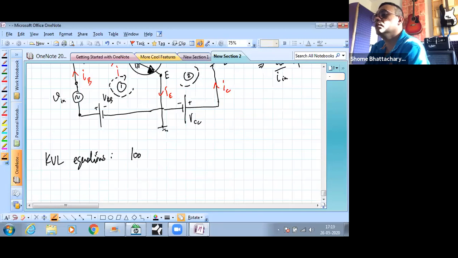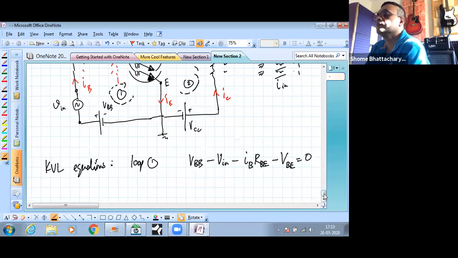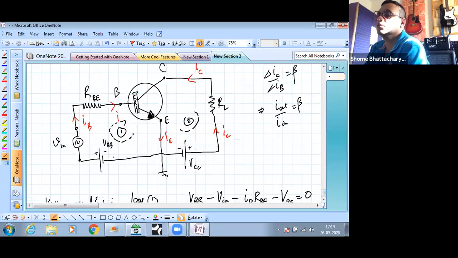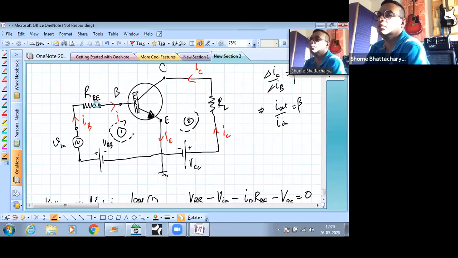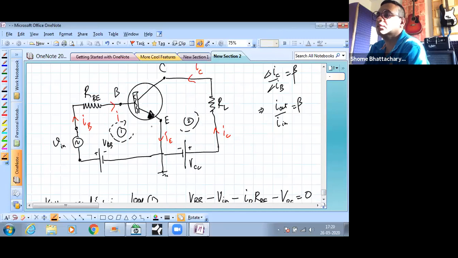So for loop 1, we have this minus whatever input voltage minus IB times RBE minus voltage across the base emitter junction is equal to 0. So the voltage across the DC battery plus the voltage drop across the input voltage source plus the voltage drop across the resistor here plus the voltage across the base emitter junction, and you're back to where you started. So the sum of these voltages is 0.